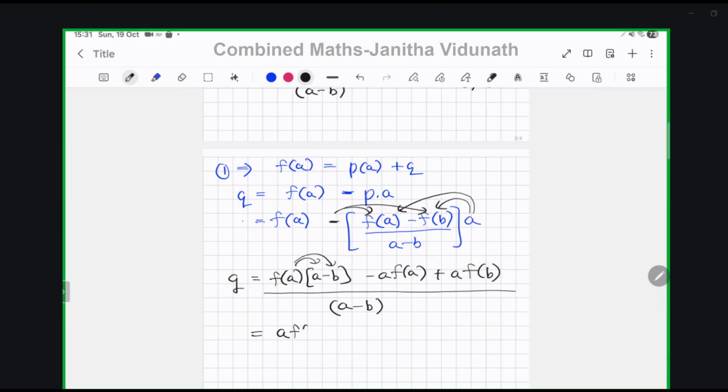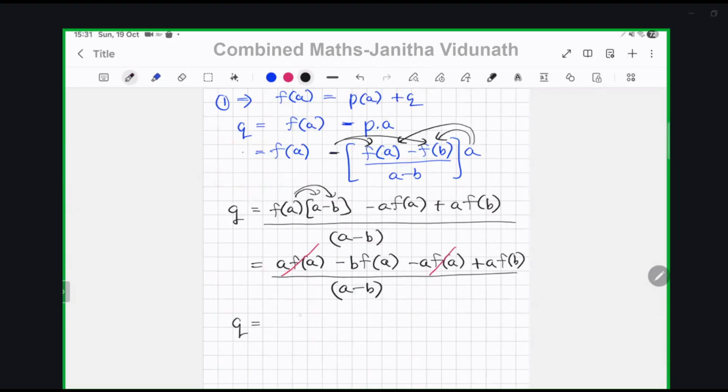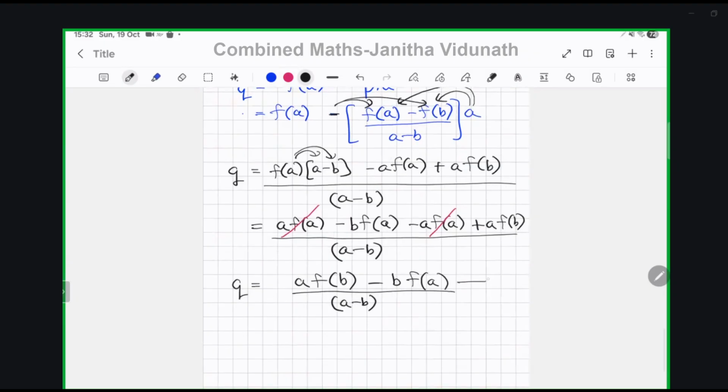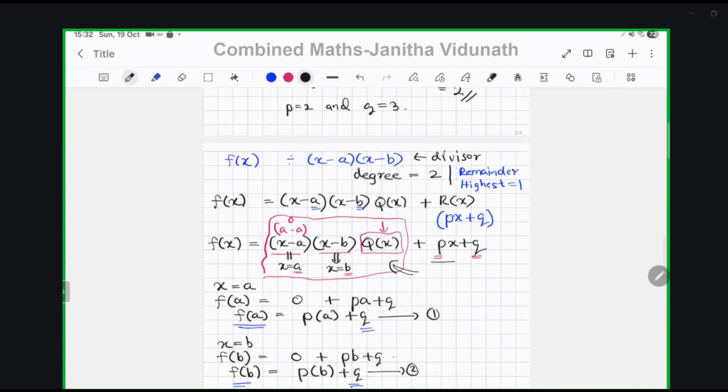From that we will get A times FA minus B times FA minus A times FA plus A times FB over A minus B. Then these two terms will cancel out and we will get the value for Q is equal to A times FB minus B times FA over A minus B. This is the value for Q. Now our remainder should be Px plus Q. This is our remainder, Px plus Q.